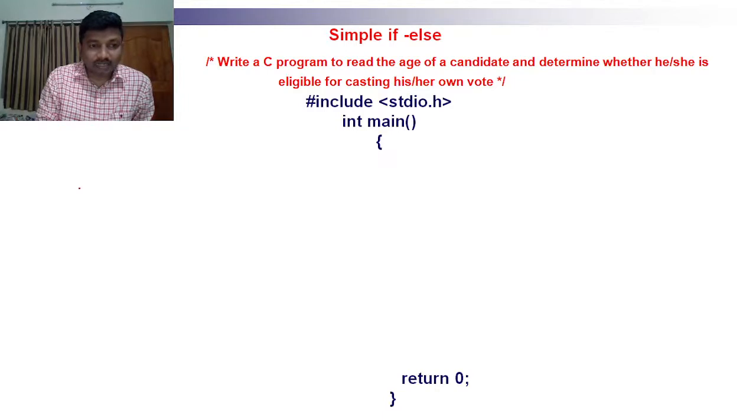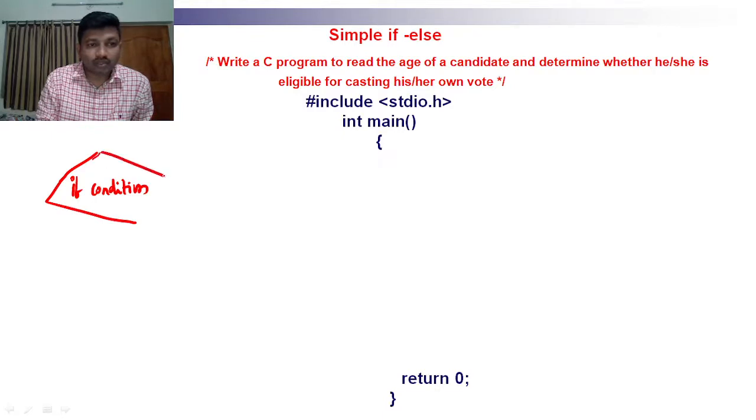But in case of if else, you test the condition. If the condition is true, if it is yes, execute this block of statements. If it is no, we are going to execute one more block of statements.